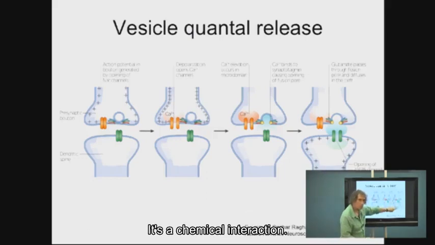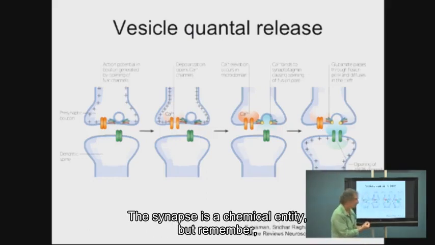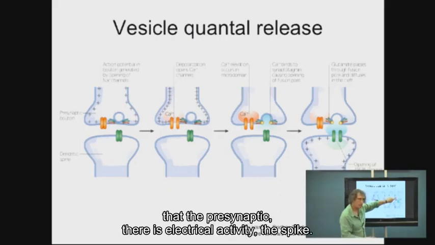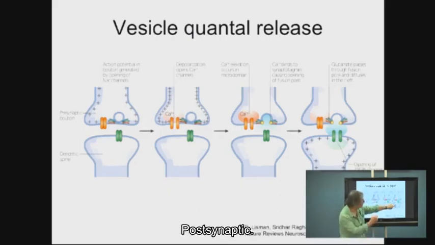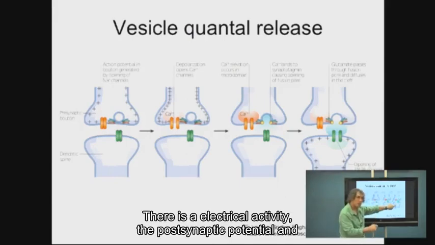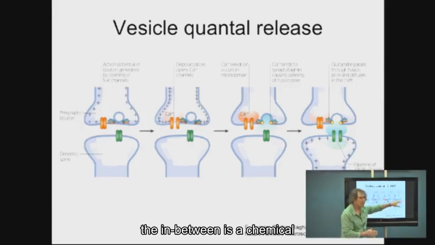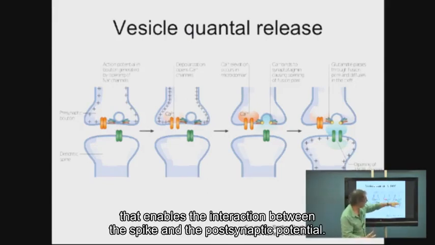It's a chemical interaction. The synapse is a chemical entity, but remember, that presynaptic, there is electrical activity, the spike. Postsynaptic, there is electrical activity, the postsynaptic potential. And the in-between is a chemical that enables the interaction between the spike and the postsynaptic potential.